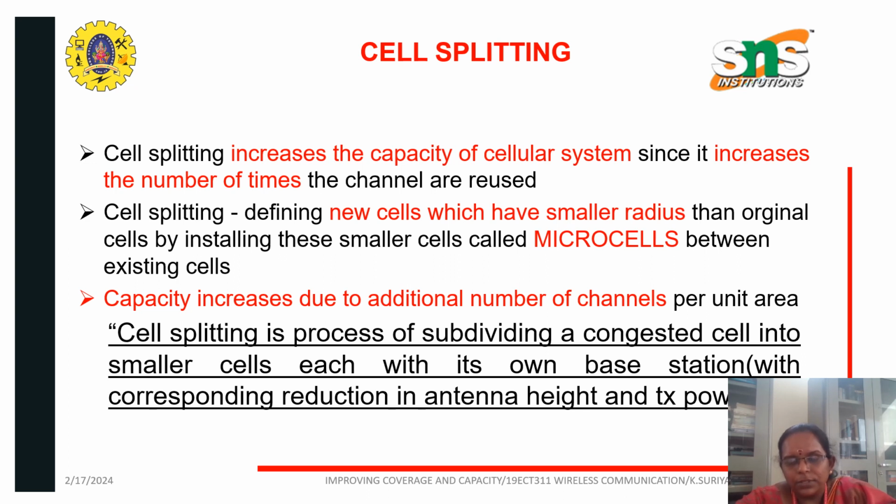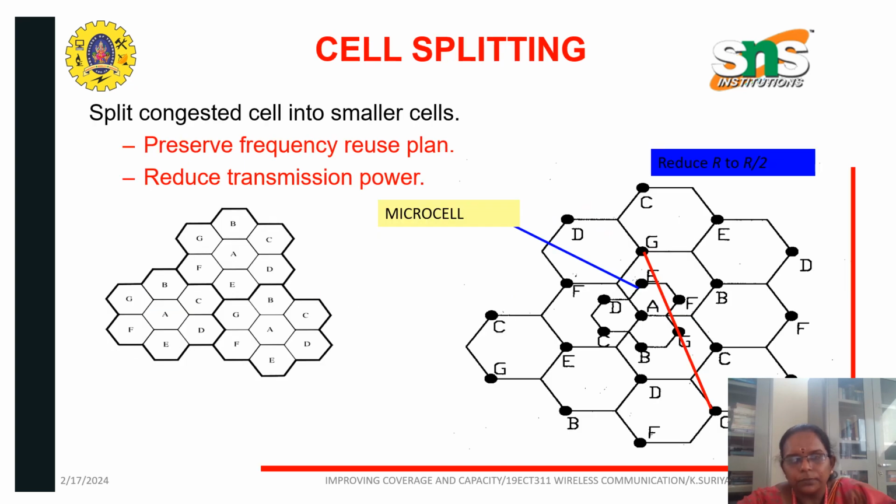So you are defining new cells which have a smaller radius than the original cells, and you'll be installing base stations separately for these microcells. So capacity increases due to the additional number of channels per unit area. So this is how cell splitting is done.